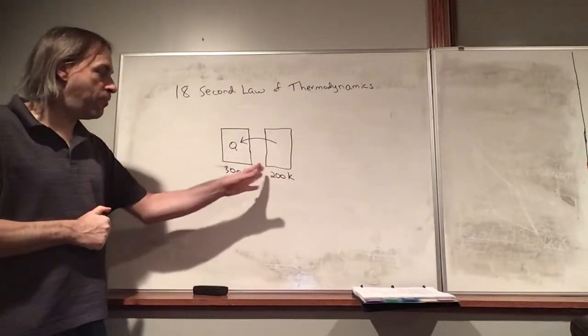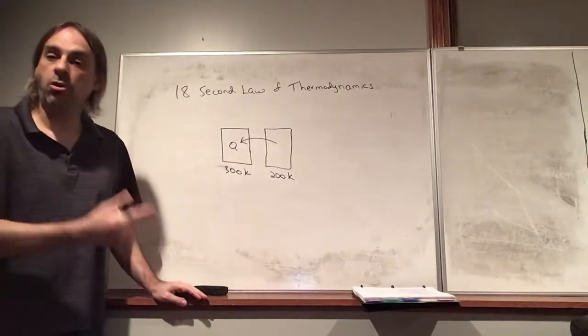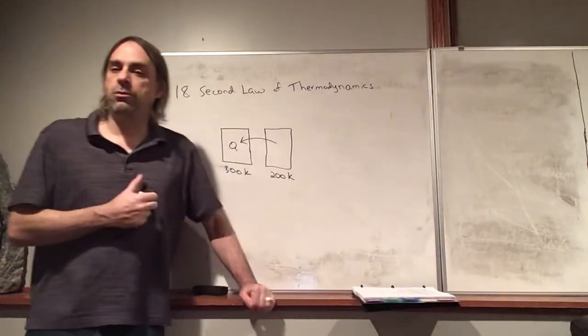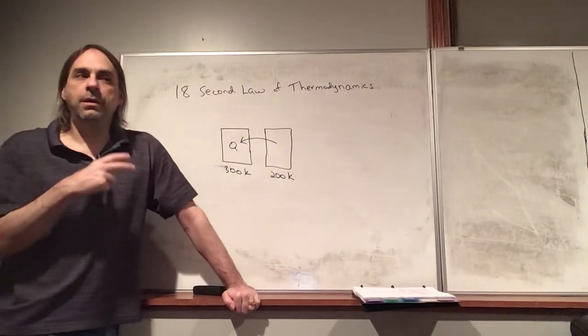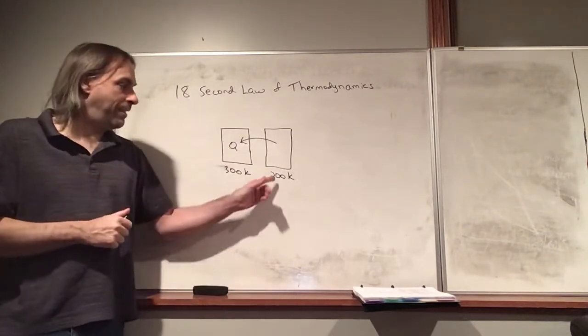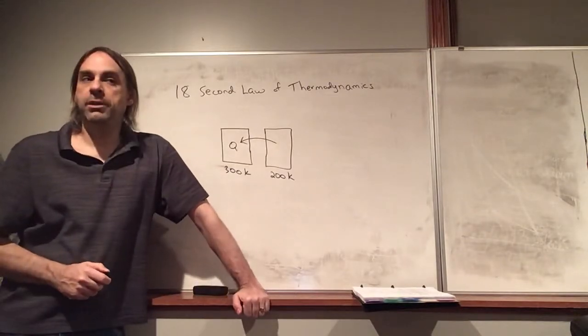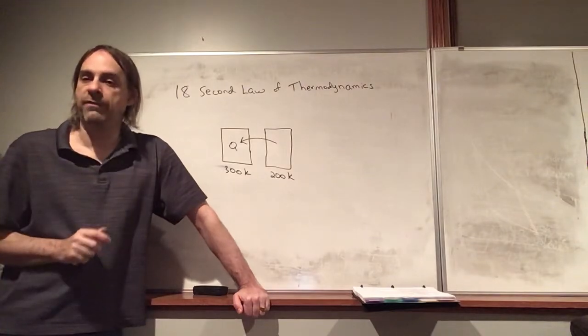So if we place these two objects together and heat did flow from the colder object to the hotter object, that would not violate any actual laws of physics. In theory this could happen. We never observe it happening because it would just be an incredibly rare event.